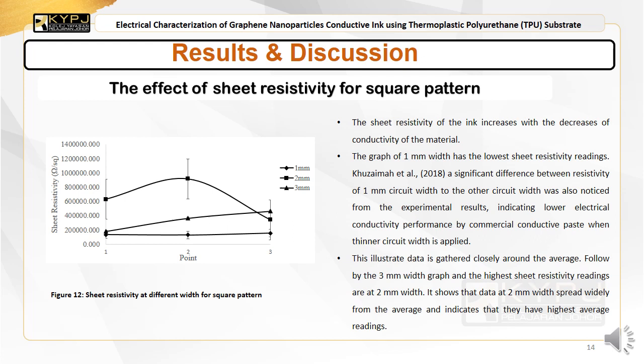This illustrates data is gathered closely around the average, followed by 3 mm width graph, and highest sheet resistivity readings are at 2 mm width. It shows that data at 2 mm width spread widely from the average and indicates that they have highest average readings.